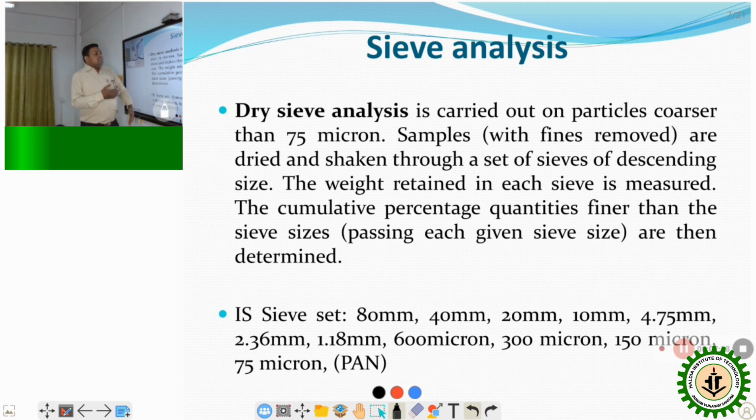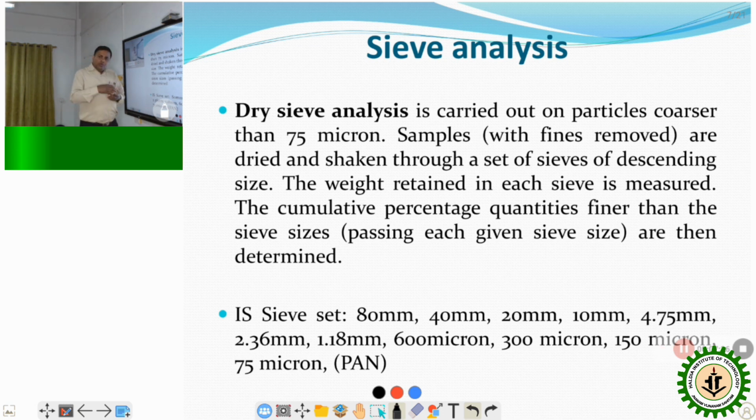After arranging in descending order, what do we have to do? We have to take a particular amount of soil mass that is to be placed at the topmost sieve and it will be covered by a lid.